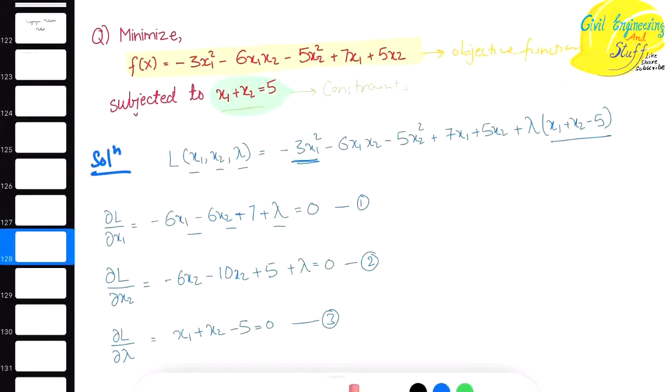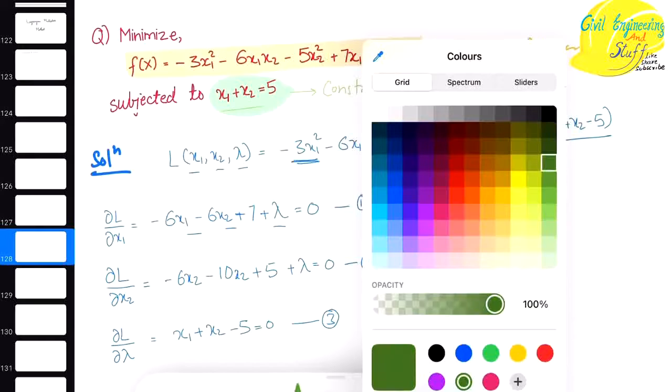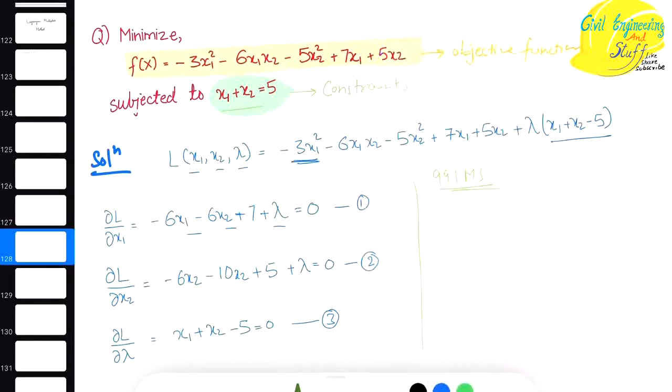So if you have a 991 MS calculator, what you have to do is press mode 3 times.